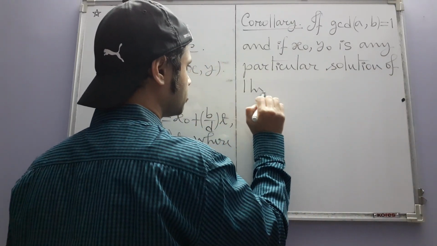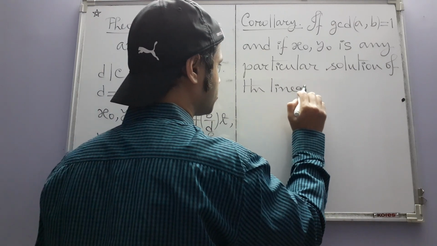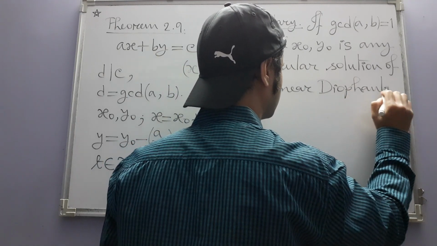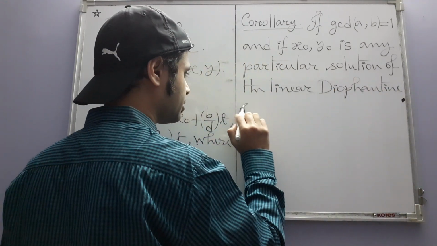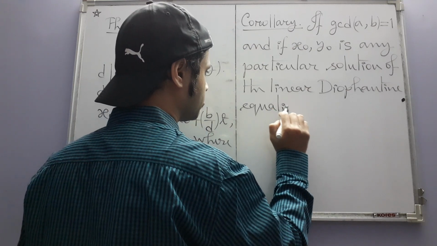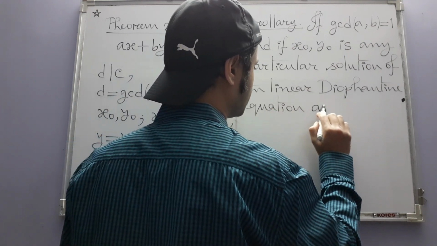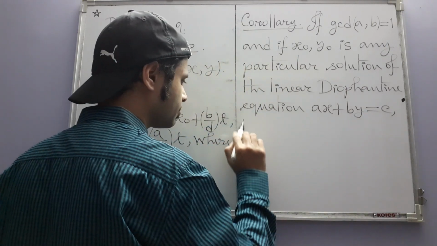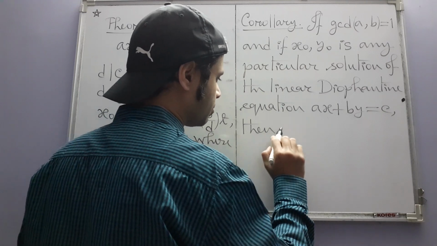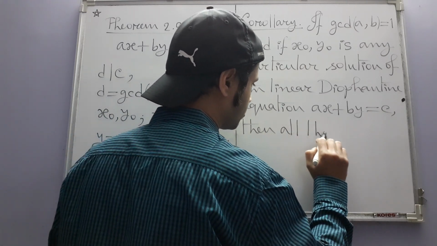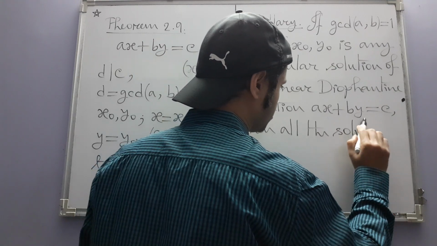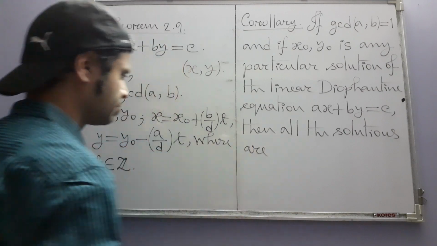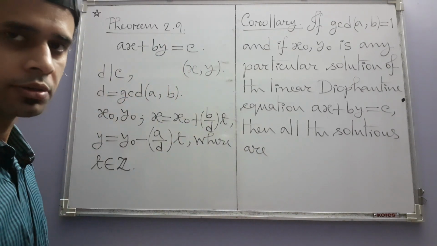of the linear Diophantine equation ax plus by equal to c, then all the solutions to this equation are, so we just have to put d equal to 1.